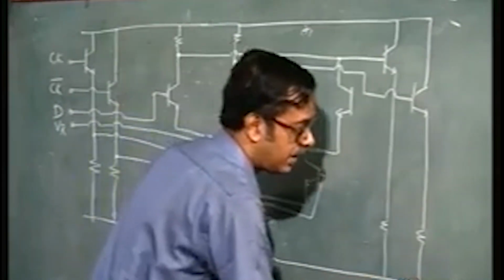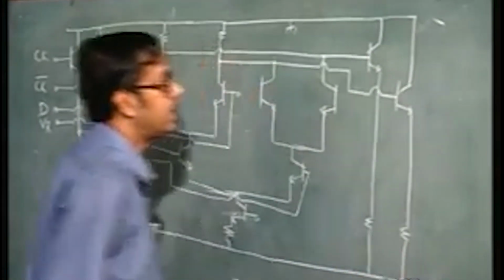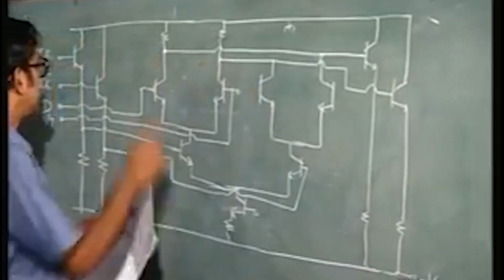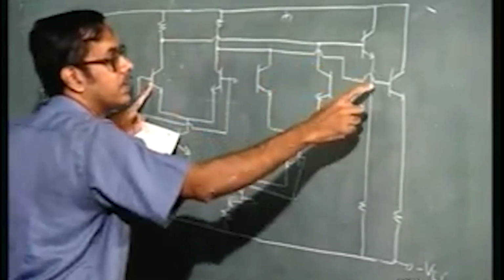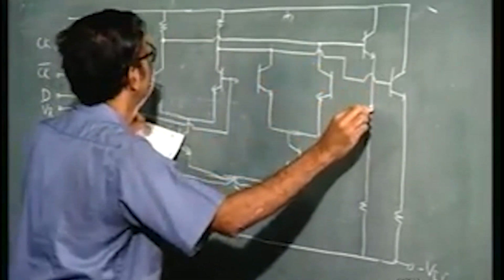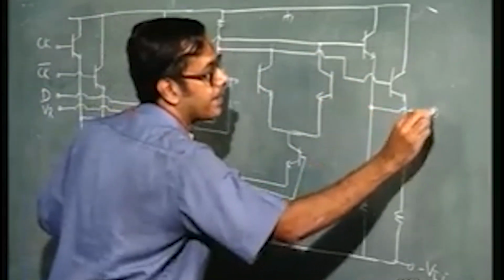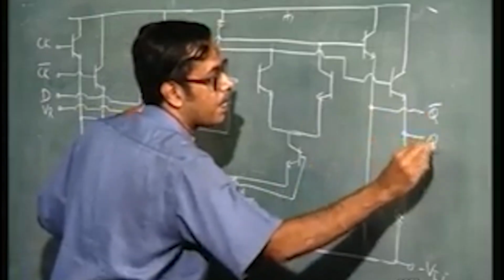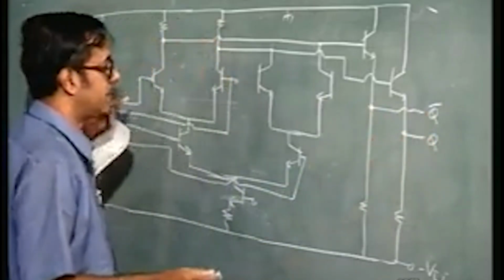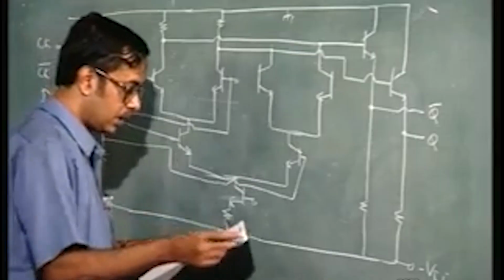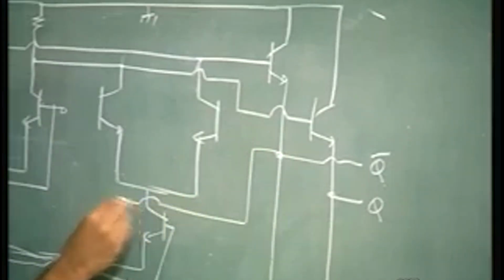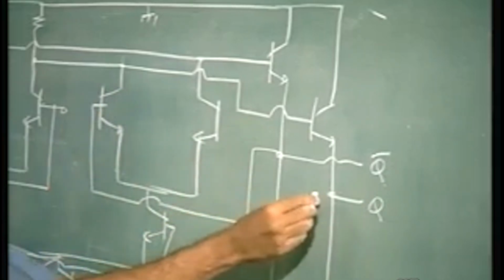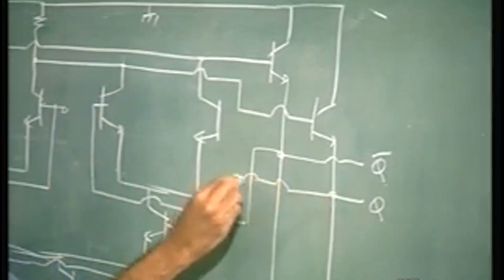This is minus VEE supply voltage, and so this is D, so this is Q bar, and so this you have is Q bar, this is Q, and the Q bar input should come here and the Q input goes here.